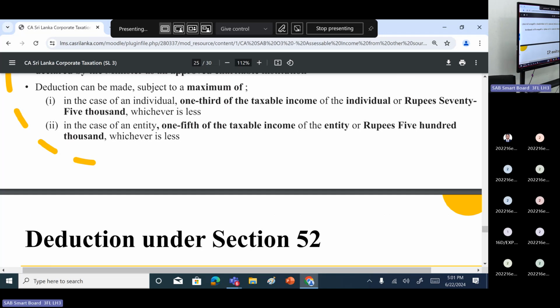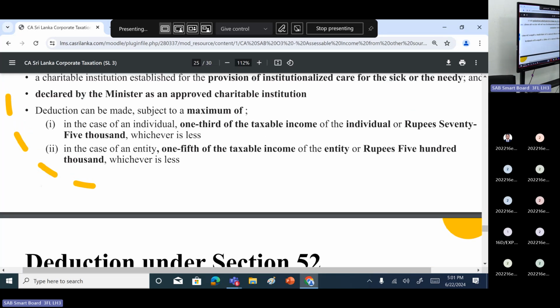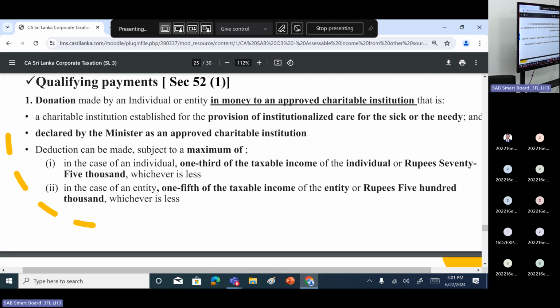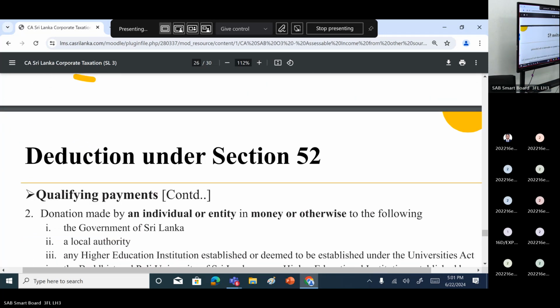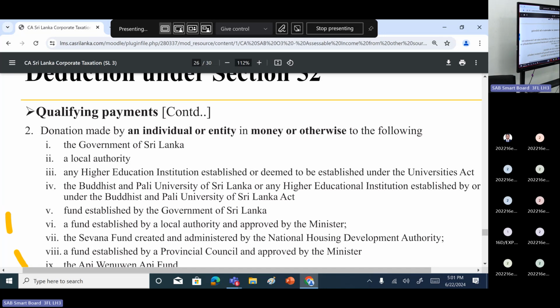So the first thing is donation to a charitable institution. Thereafter it says donation made by an individual or entity in money or otherwise to the following: specified institutions as well as funds.